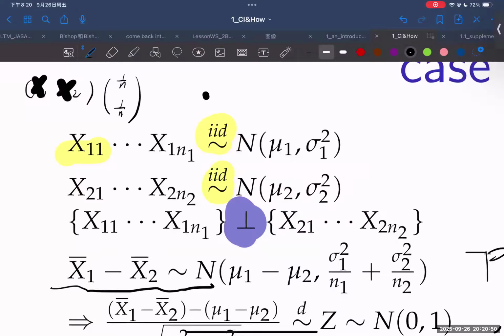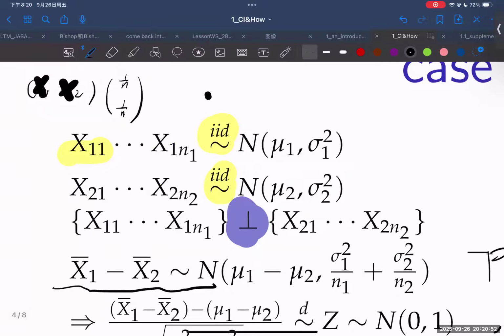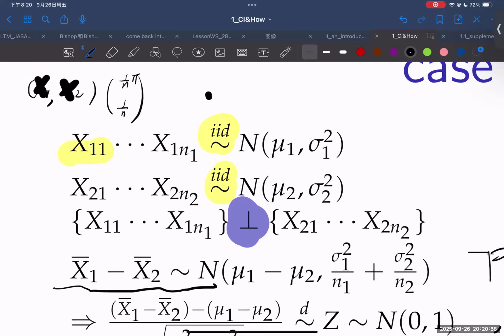But then that means this one has only 1 over m, but I have to write here. You see? That means you have, right? And totally 2m by 1. This is the dimension.